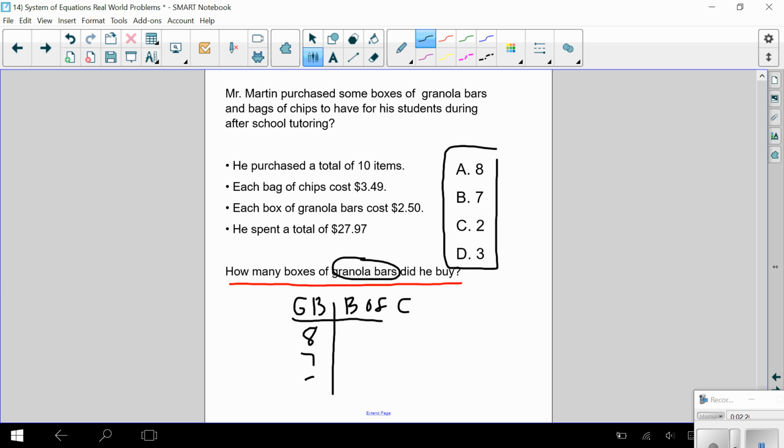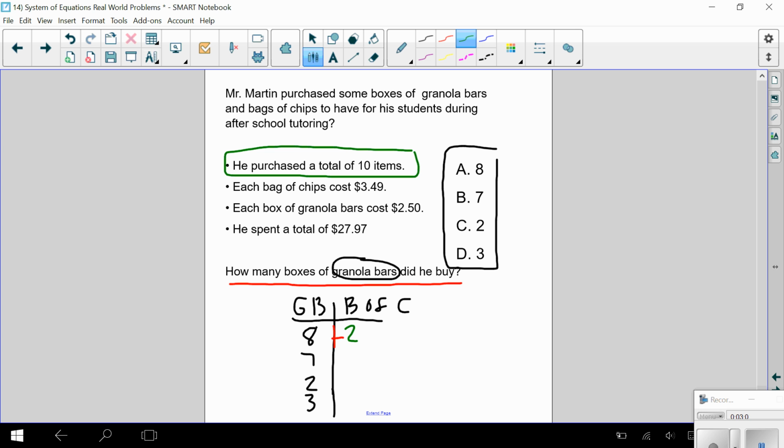So we put those under the granola bar: 8, 7, 2, and 3. Now we're going to use the information in the problem to help us solve this. We know he purchased a total of 10 items. So he bought granola bars and he bought chips, but when you add them together, it's going to be 10 items. If he bought 8 granola bars, that means he bought 2 bags of chips because 8 plus 2 gives me 10.